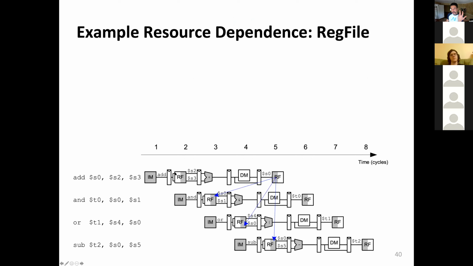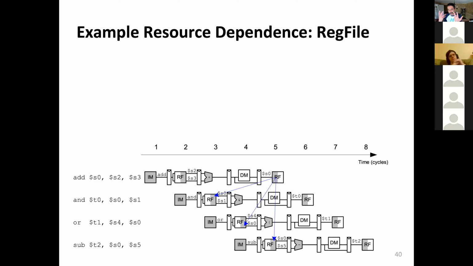So here, in the register file, you have S0, right? And here we see that S0 is an argument of the follow-up instructions that enter the pipeline at some point.